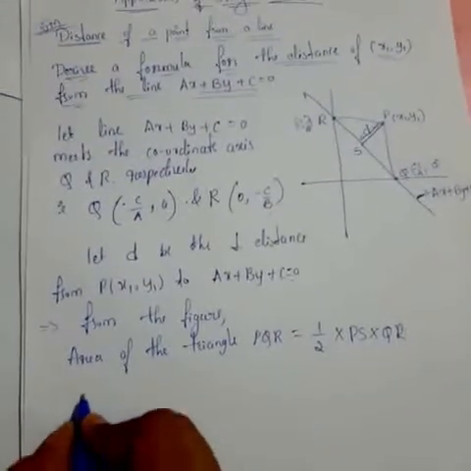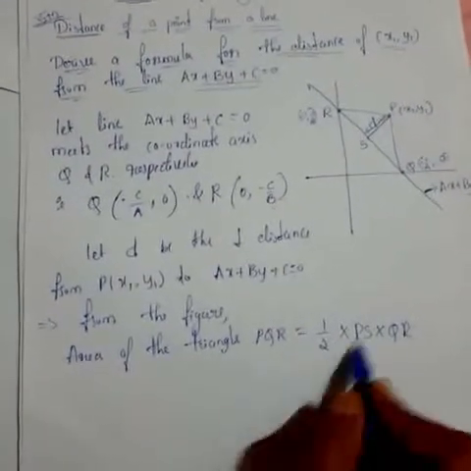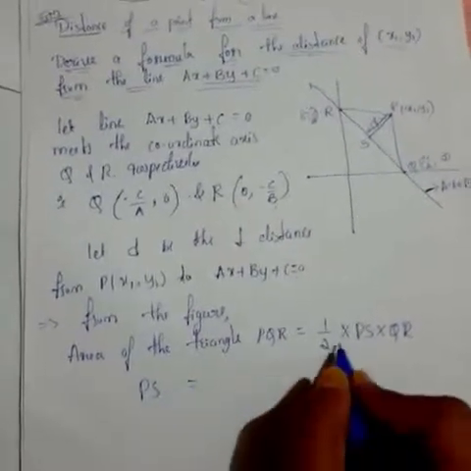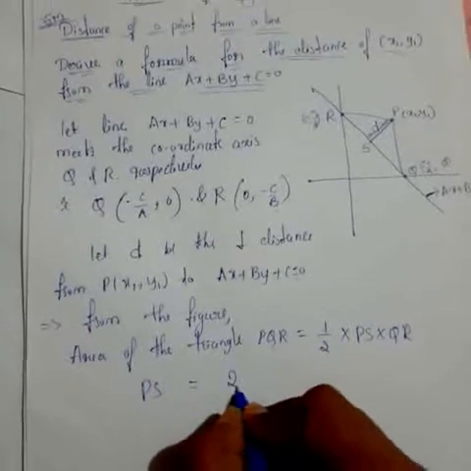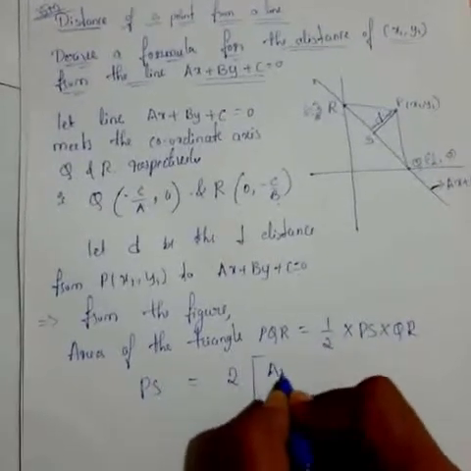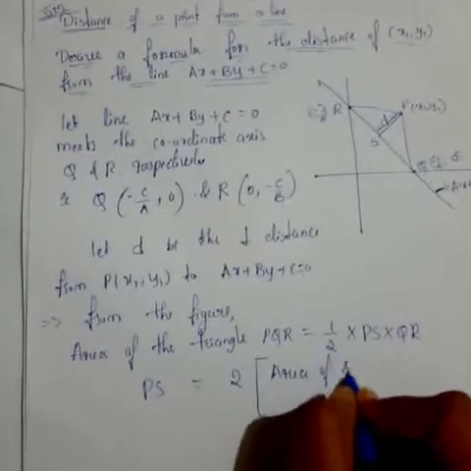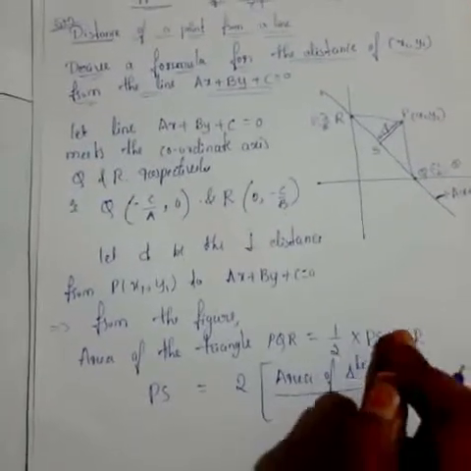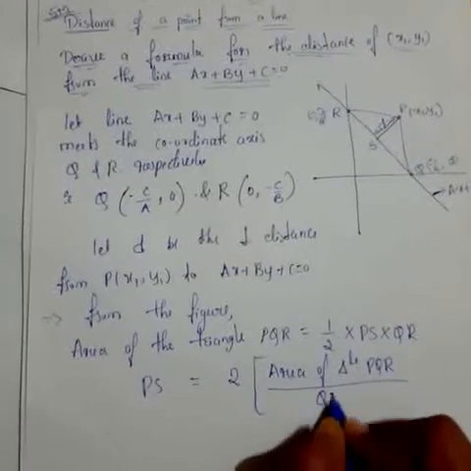Rearranging this equation to get PS, the 2 goes to this side: 2 times the area of triangle PQR divided by QR.